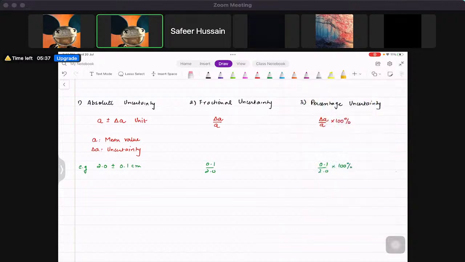So remember that the uncertainty in absolute must always be in one significant figure. There is no exception to that. Okay.